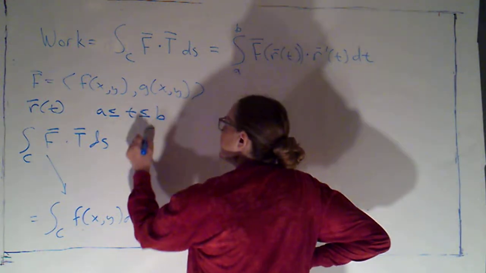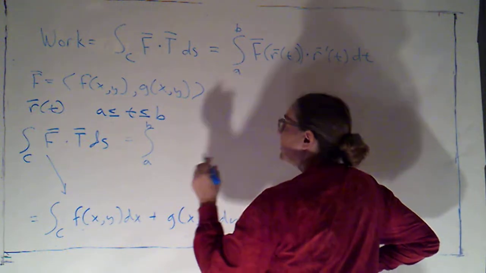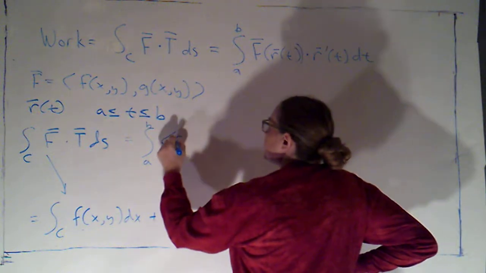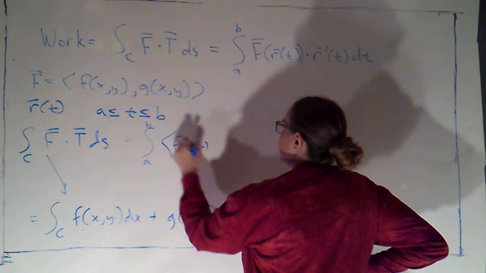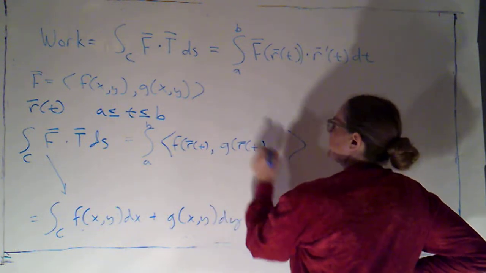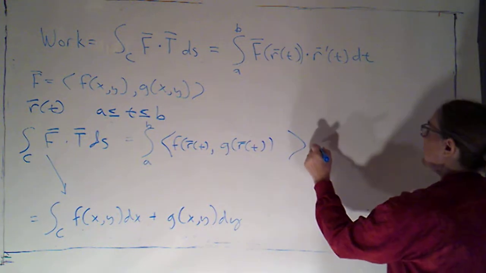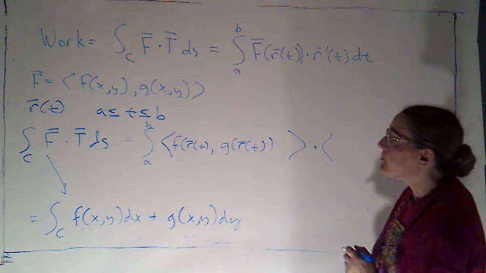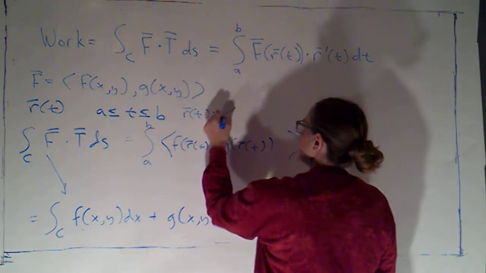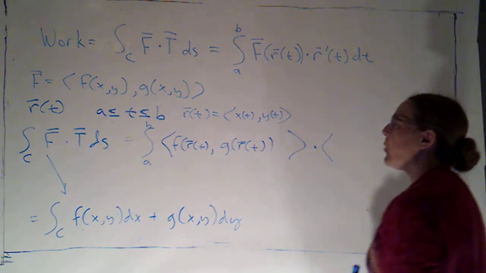So this would become the integral from a to b of F of r of t, which would of course just become f of r of t, g of r of t. So I would do that composition with each of the components of F, dotted with r prime of t. Now r of t would also have component functions, x of t, y of t.